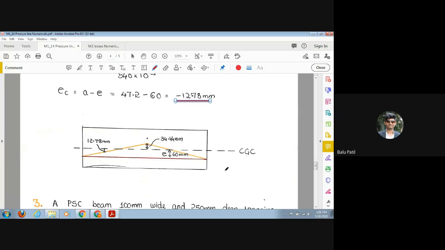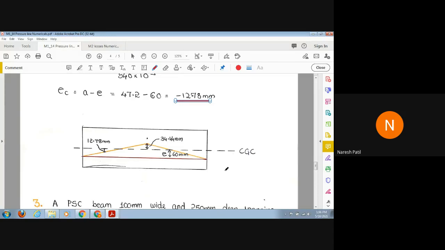Sir, it's point loads. Yes. Others? Yes, sir. In the previous problem it was a UDL acting, and in this problem it is a point load. Yes.